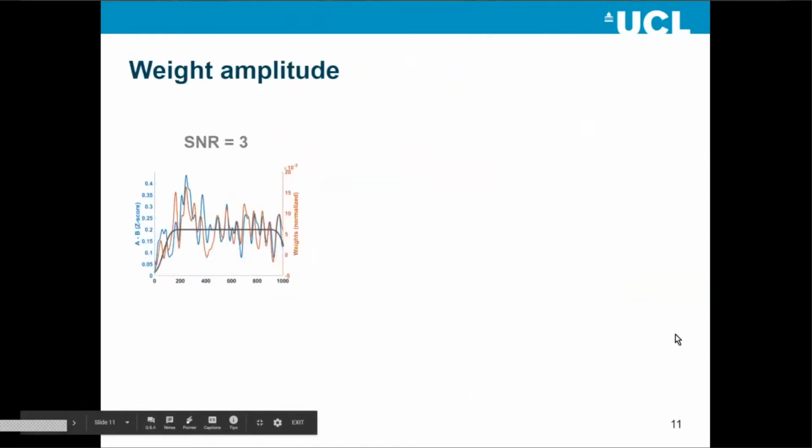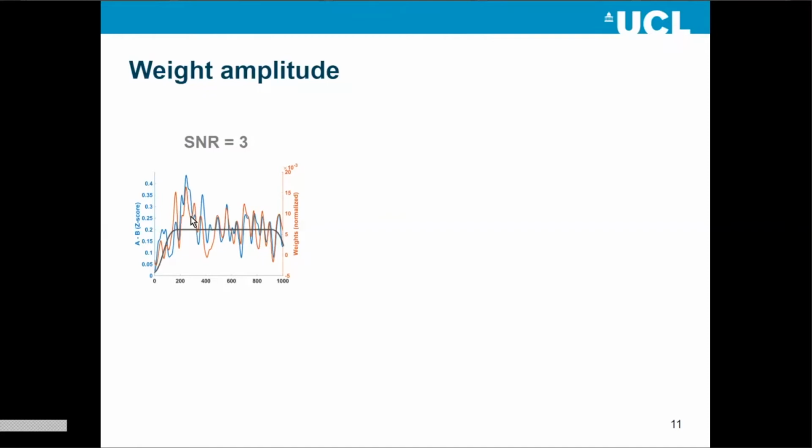And what we observe, looking at the SVM weights, is this. In blue is the effective signal of interest, in gray is the step signal that I input, and in orange are the weights.